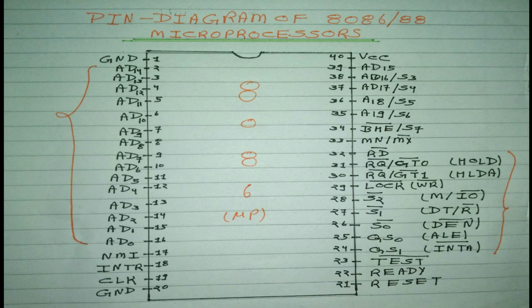S stands for status. Okay, the status S7 is always logic high when the bus high enable pin is active.